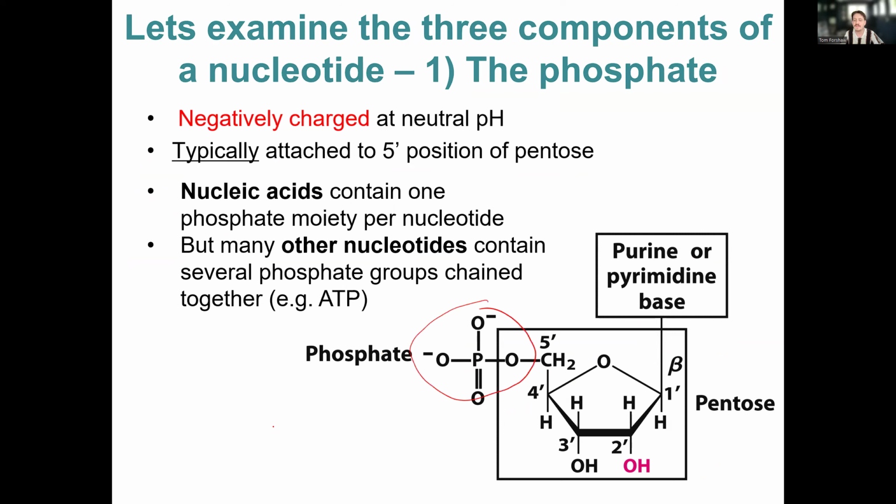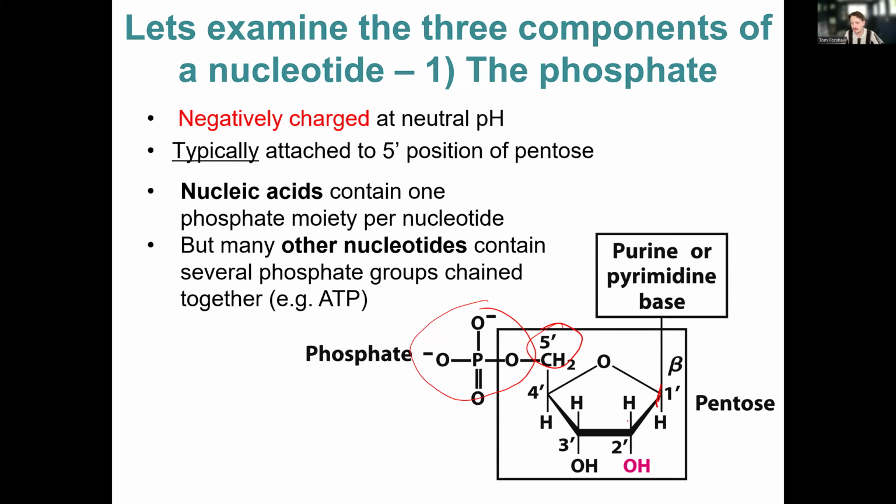Here's the phosphate. The phosphate is negatively charged at a neutral pH, like most phosphates, and it's typically attached to the 5' position of the sugar. So if we start with the sugar, here is the anomeric carbon, carbon number 1. This is the one that used to be the carbonyl carbon.